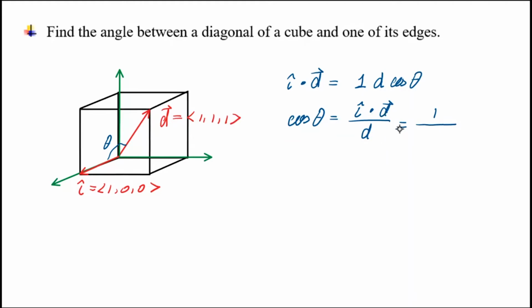And then the length of D. Length of D, of course, is √3. You with me? Vector (1, 1, 1) has a length of √3. Pythagorean, super Pythagorean theorem, if you will. So our theta is approximately equal to the inverse cosine of 1 over √3. That should be 54.7356 and 10.